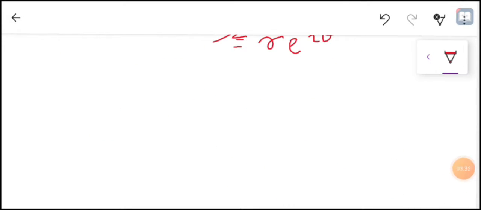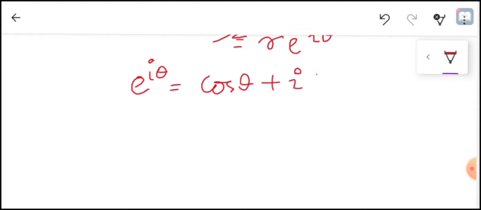Now we have to prove Euler's theorem, which is e to the power i theta is equal to cos theta plus i sin theta.